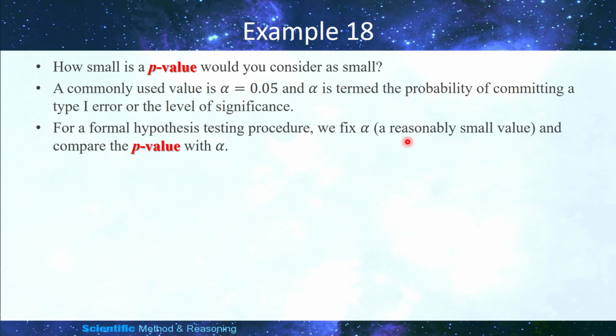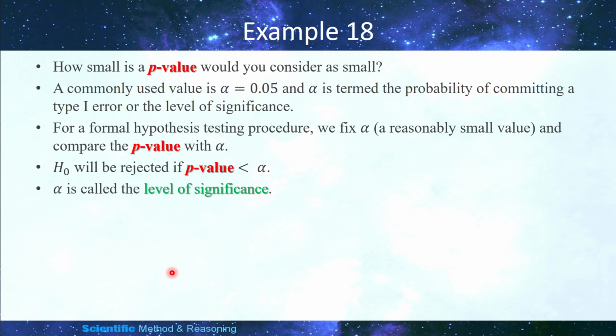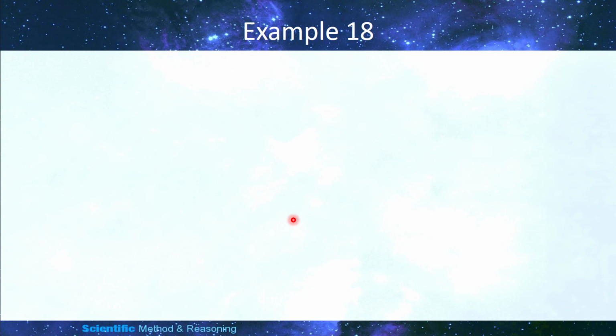We fix alpha to be a reasonably small value and compare the p-value with the pre-specified value alpha. The null hypothesis will be rejected if the p-value is less than alpha. And alpha is also called the level of significance.